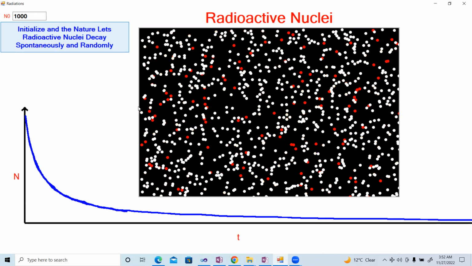Random means any nucleus can decay at any time. We cannot predict which nucleus will decay at what time. So from here you can see the spontaneous and random nature of the radioactive decay process. Okay, thank you.